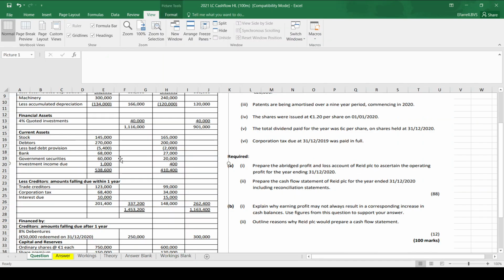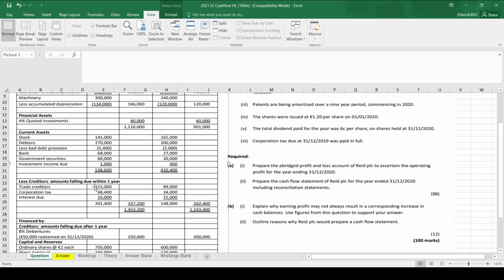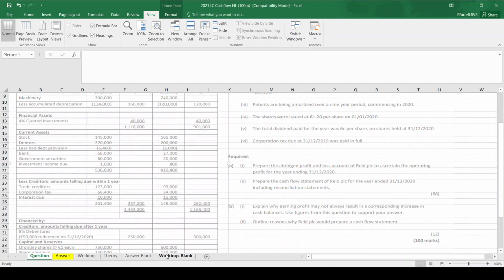Investment income, again, I'm going to look for my opening and closing balances here in the assets this time. The opening is 400 and the closing is 1,000. Now, I can work out my investment income for the year because my investments are 40,000 and the rate of interest is 4%.